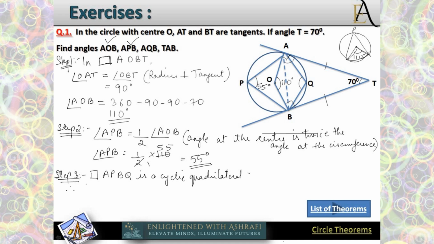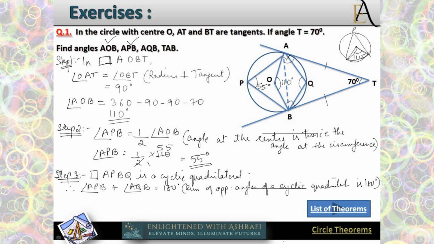Therefore angle APB plus angle AQB is equal to 180 degrees. What are we going to write? Sum of opposite angles of a cyclic quadrilateral is 180 degrees.